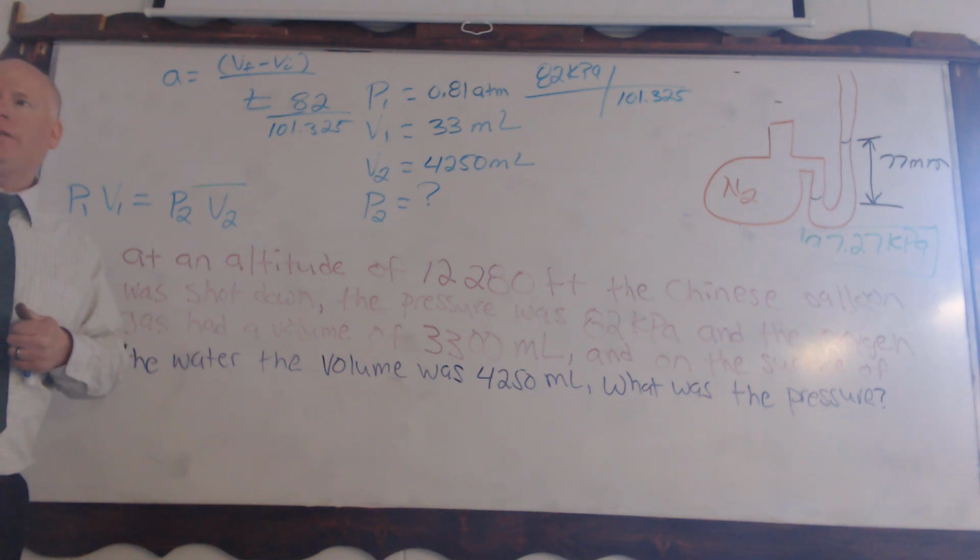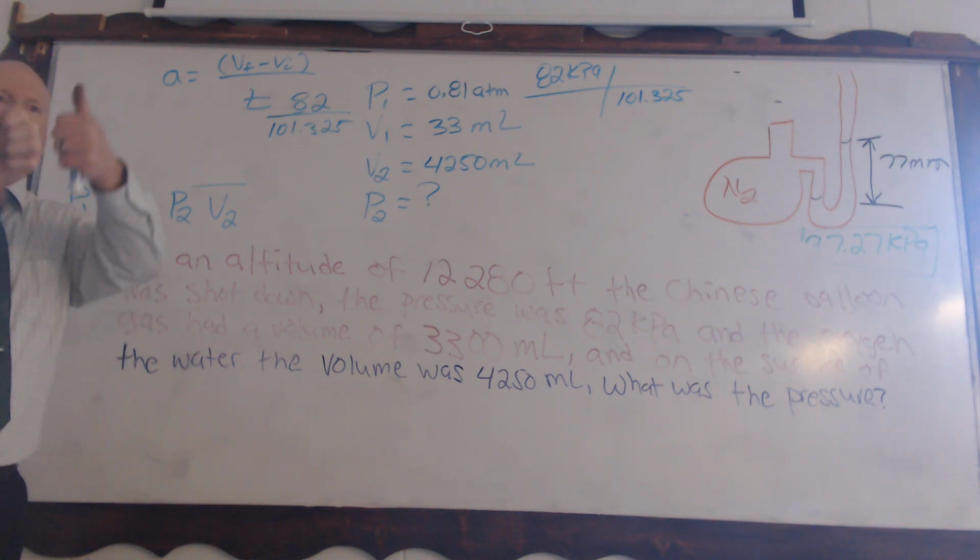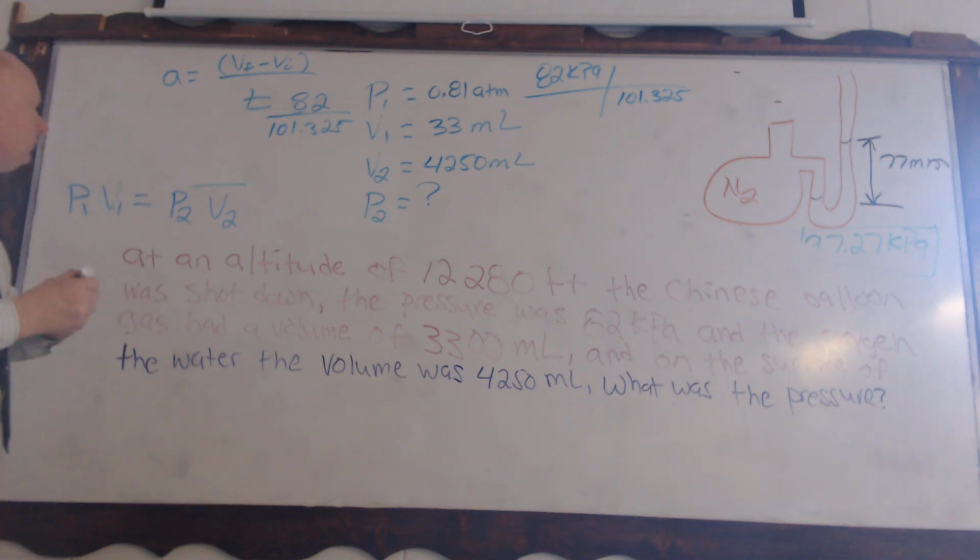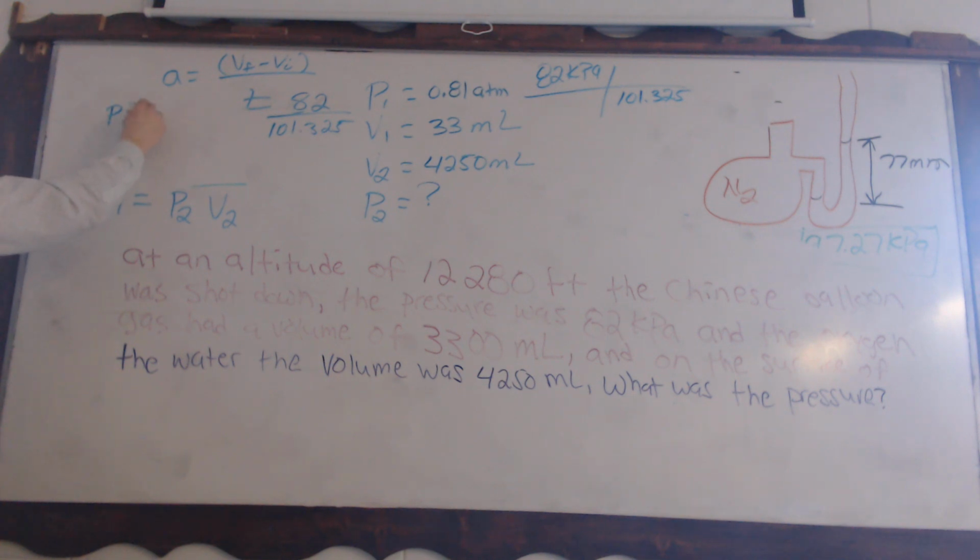It's an inverse. It's going up. If pressure is going down, volume is going up. Or if the pressure is going up, then the volume is going to go down.